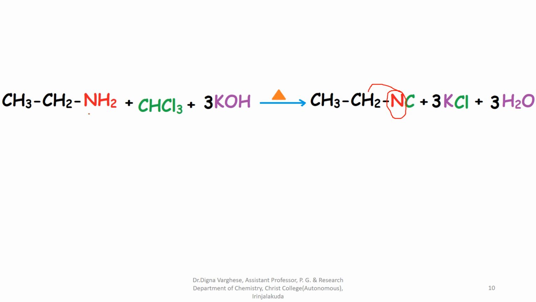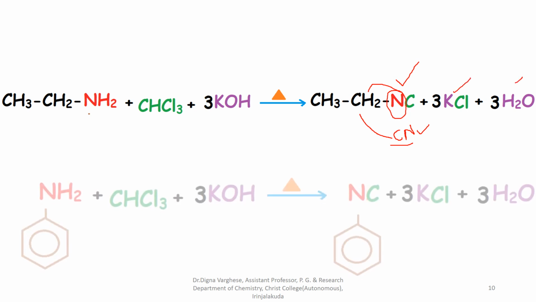If carbon is attached to the CH2 group, it is known as cyanide. But in the case of isocyanide, nitrogen is attached to the carbon chain. Okay. It has a foul smell. Along with this, potassium chloride and water are formed.